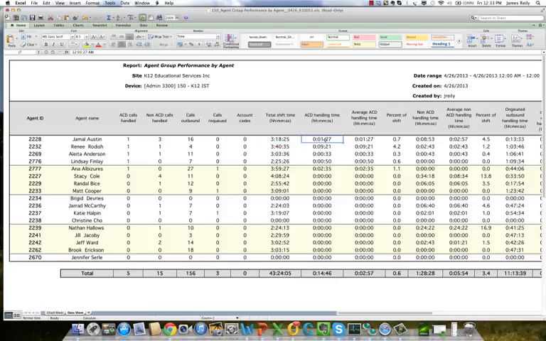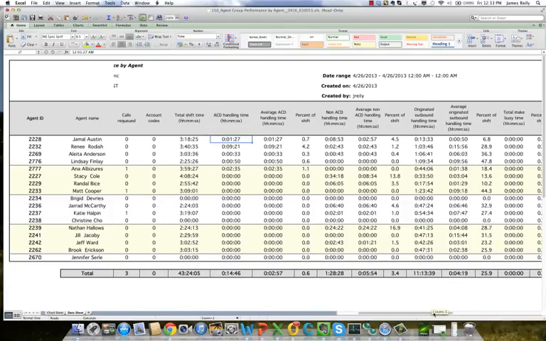It then breaks out some times of the phone calls. For ACD calls, we see he took one ACD call. Again, that ACD call is someone calling the 800 number, and he was on the phone with them for 1 minute and 27 seconds. It shows the average time and then the percent of the shift. Again, ACD, I'm not as worried about at this time.